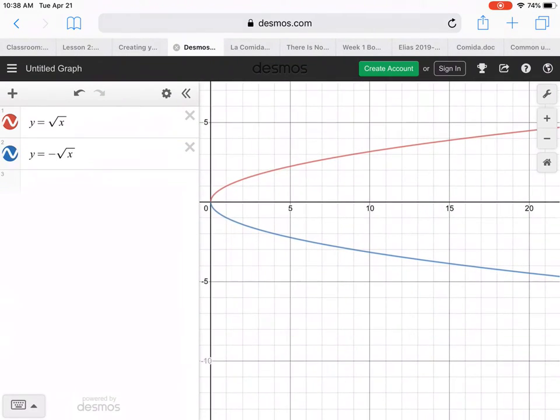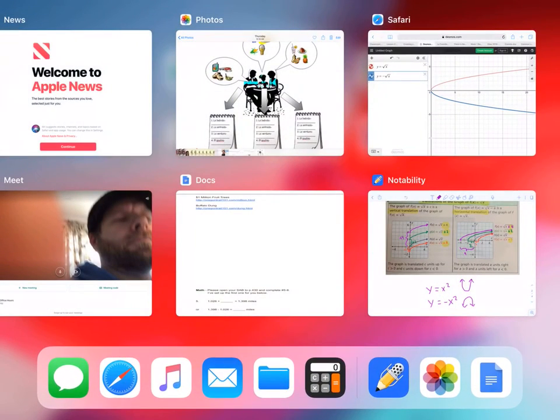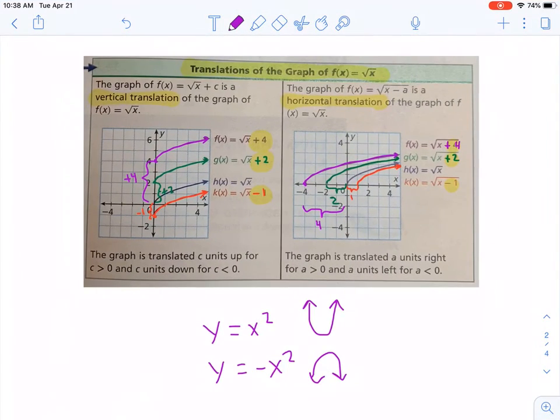You'll see that, in fact, it flips. Think of this as flipping down under the curve. It reflects about the x-axis. That would be our only other transformation that I would want to show you in regards to square root functions.